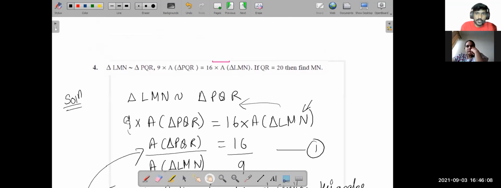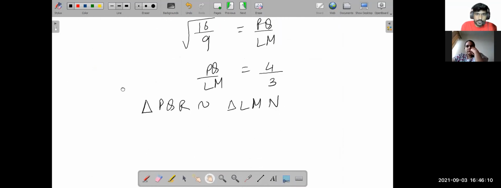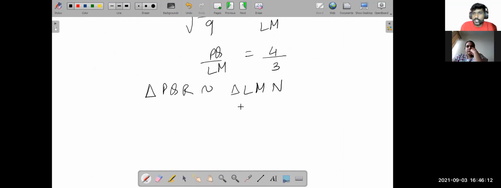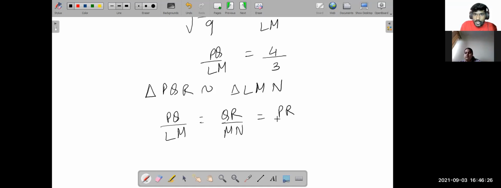QR is 20. Since these two triangles are similar to each other, their sides will be in proportion. So you have PQ upon LM equal to QR upon MN equal to PR upon LN.